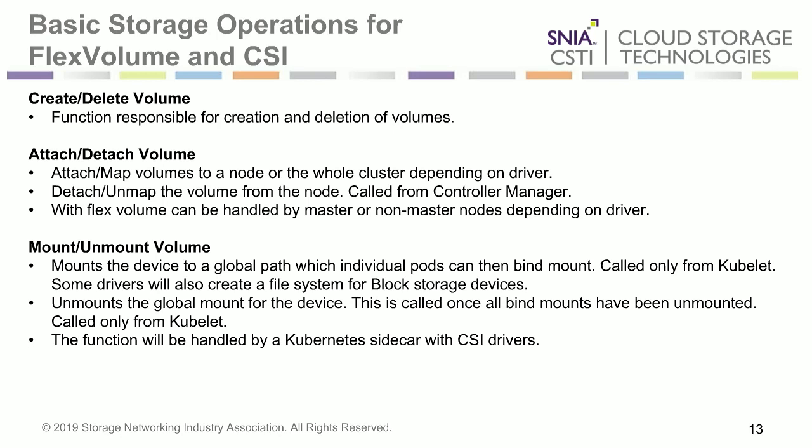The kubelet is the binary on the nodes that is responsible for communicating to Kubernetes and doing the work there. Also, some file systems will be responsible for creating a file system if it's a block device, or just making it available. And it'll handle the unmount operation. So when a stateful container is done, it'll unmount it.